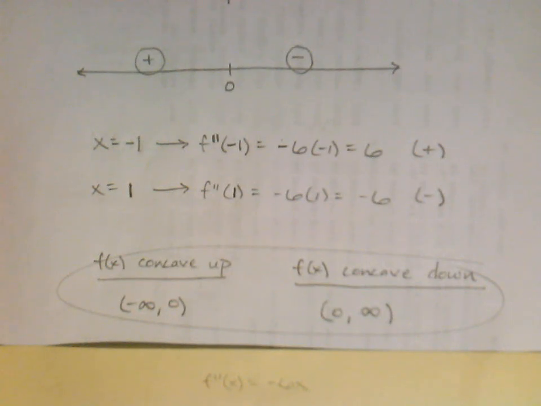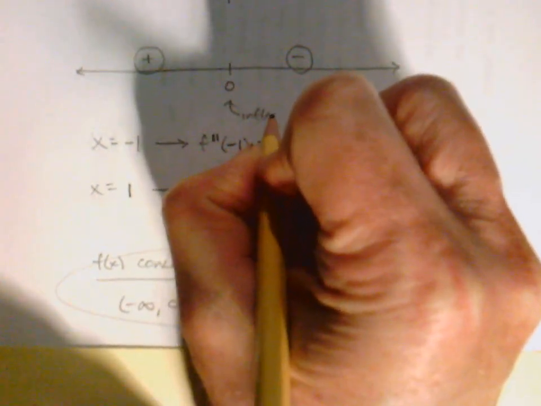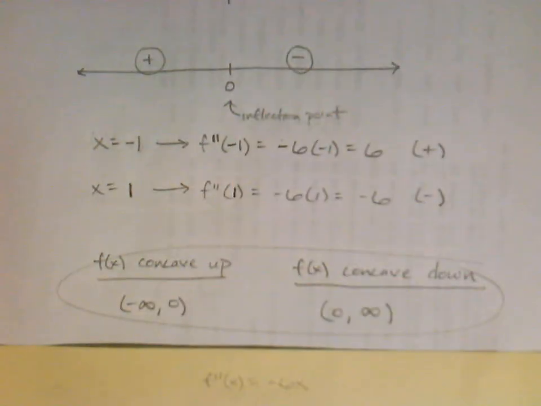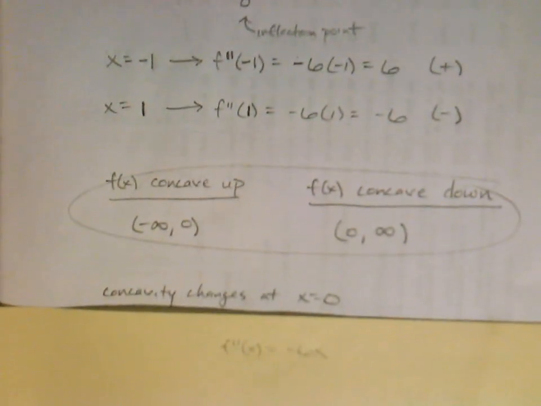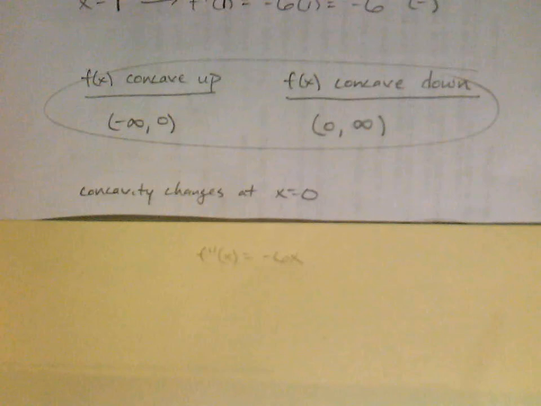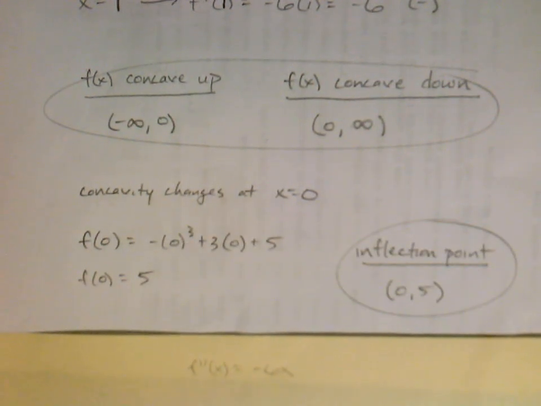Okay, now this question did have a second part. It was to determine any inflection points. So I can tell by looking at my chart back here that 0 is an inflection point because the concavity changed, right? Concavity changes at x equals 0. Okay. I'll just show you guys the rest of this.